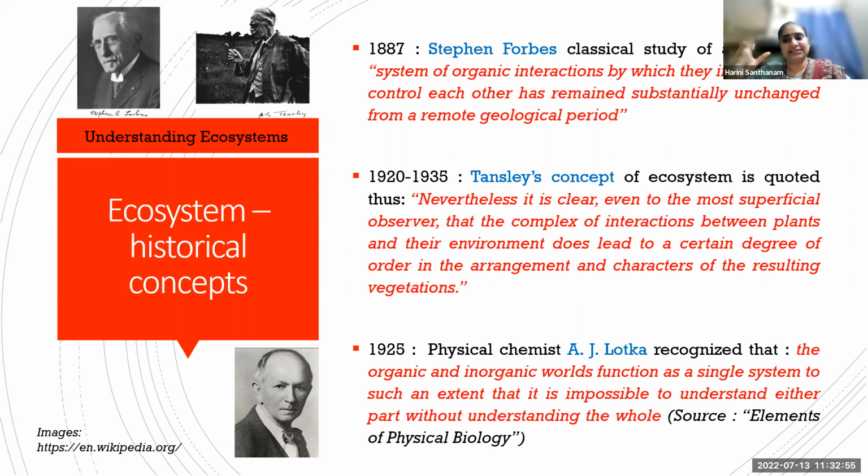Through this lake, he saw the lake as an organism itself, where there was a system of organic interactions by which they influence and control each other. It's a very interesting concept. At about the same time, another ecologist, Karl Möbius, in 1887, advanced the theory of what was known as biocenosis and biotopes.